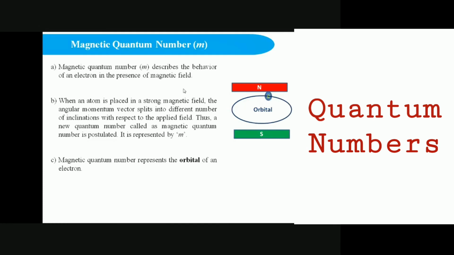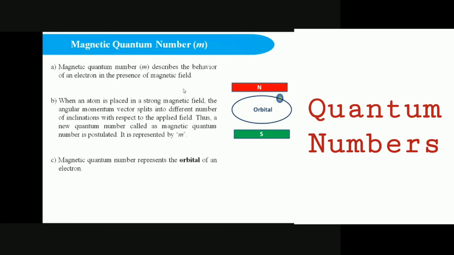Now one thing should be very clear. The first two quantum numbers, that is the principal and the azimuthal quantum number, talk about the place of the electron, where it is situated, whereas the remaining two quantum numbers suggest how the electron is moving, how the electron is spinning.